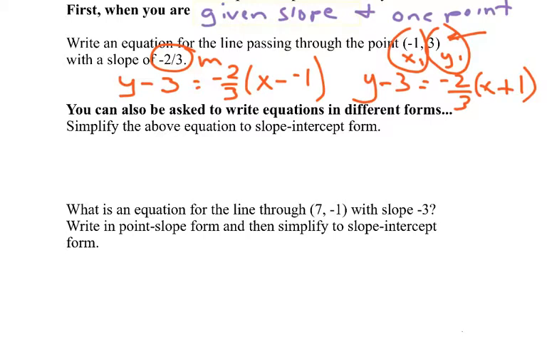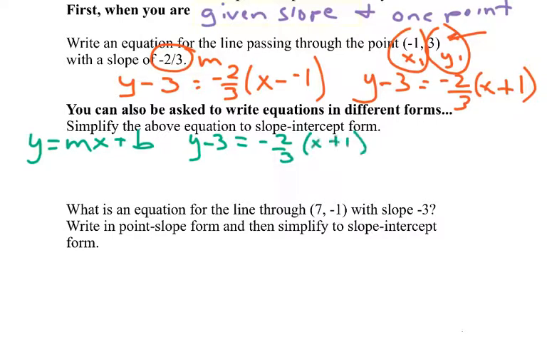Now it may ask you to simplify an equation into a different form. So this one is saying simplify the above equation into slope-intercept form. Remember, slope-intercept form looks like this, where our y value is all by itself. So what we're going to have to do with this y minus 3 equals negative 2/3 times x plus 1 is we're going to actually have to distribute that negative 2/3.